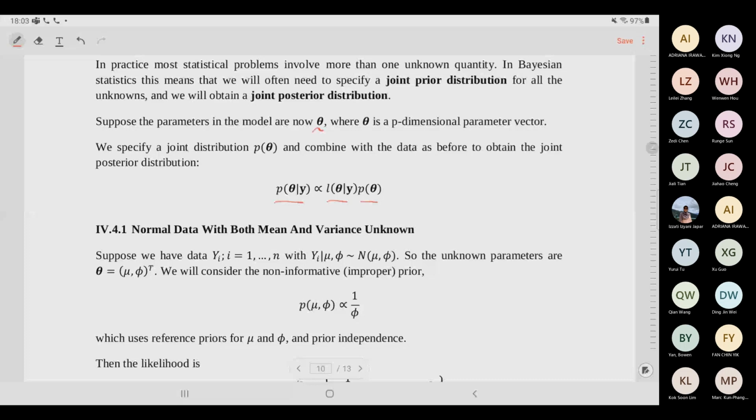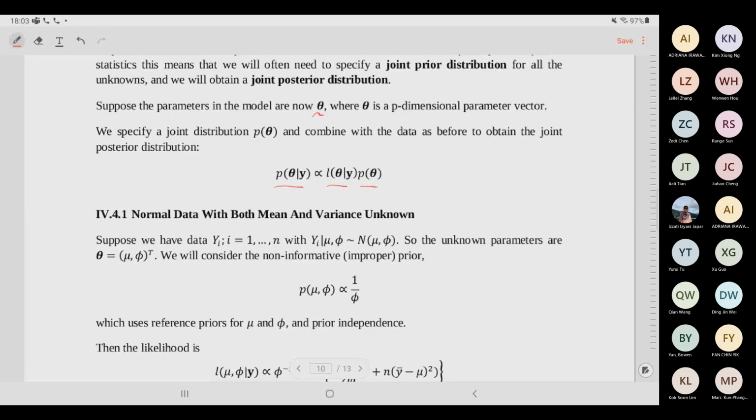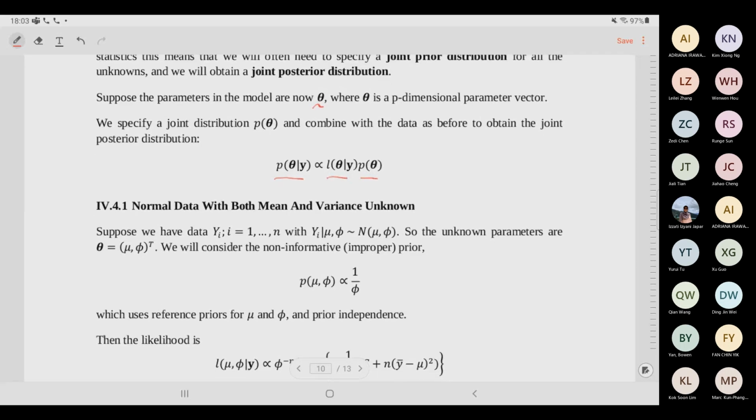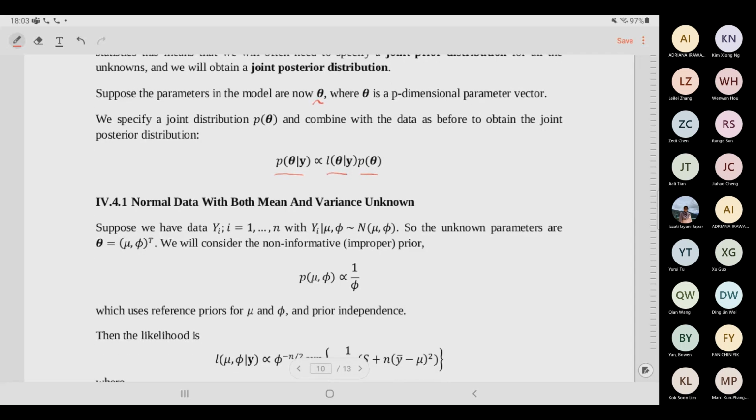Okay, so there's actually a few ways how you want to specify the parameters depending on your assumption. For example, you can assume the parameters are independent or things like that. If you have to specify that, you can build that into your prior and also your likelihood.